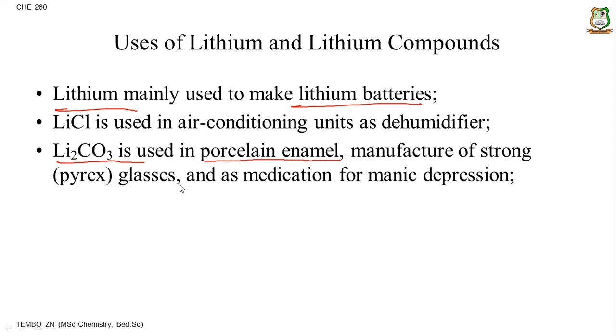You want the air coming out of the air conditioner not to be humid air. So you need a dehumidifier, something that removes the humidity out of the air. And lithium chloride does that. So I think we are following.